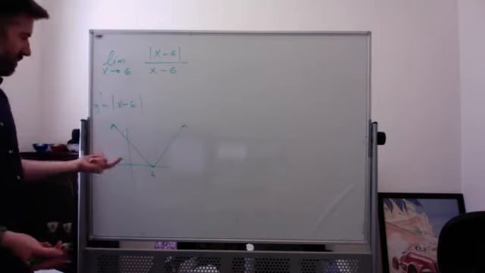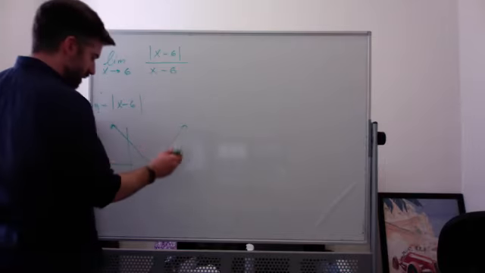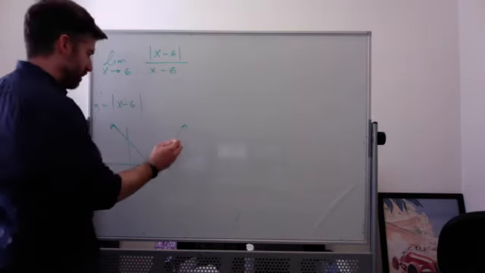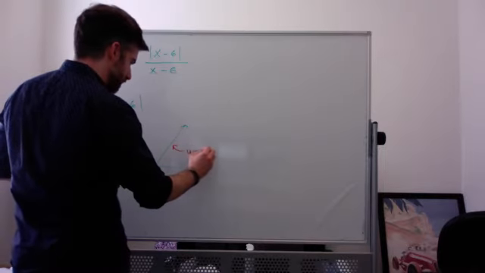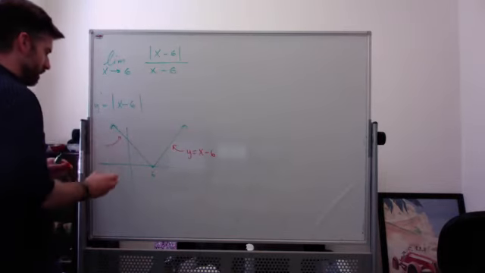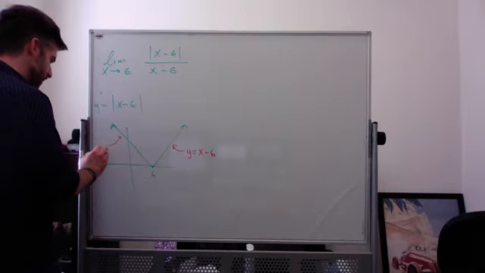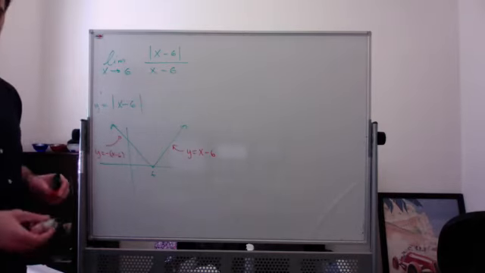And here's the thing. This is a piecewise function. This piece of it is just the line y equals x minus 6. But this piece here is the negative of that. It's y equal to negative of x minus 6.